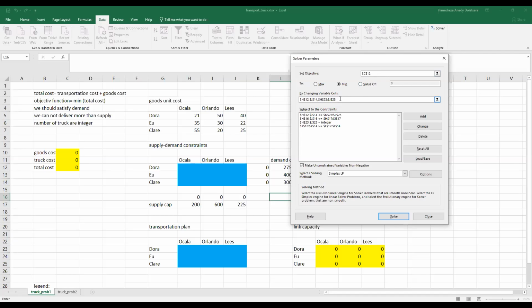These are actually my blue cells, and as you see, there's a comma between them. So let me do it again: these blue ones, comma, these blue ones. Again, in this section, Excel understands what parameters it needs to play with to minimize our objective function.